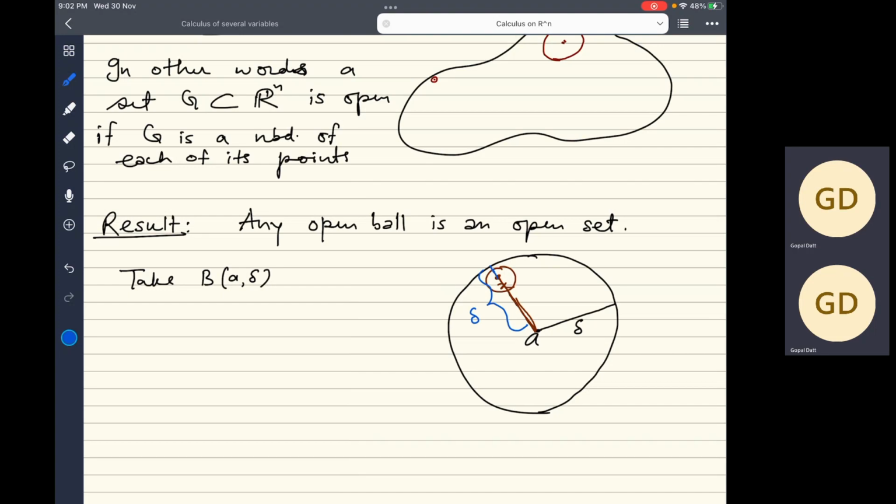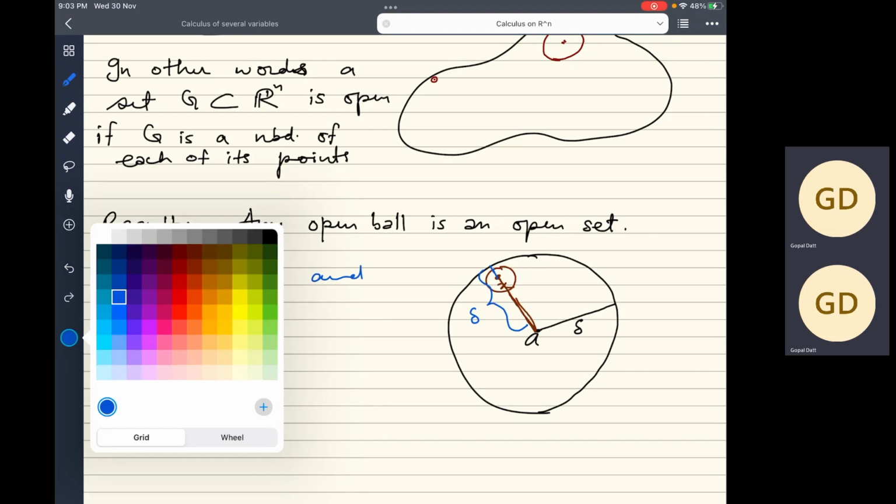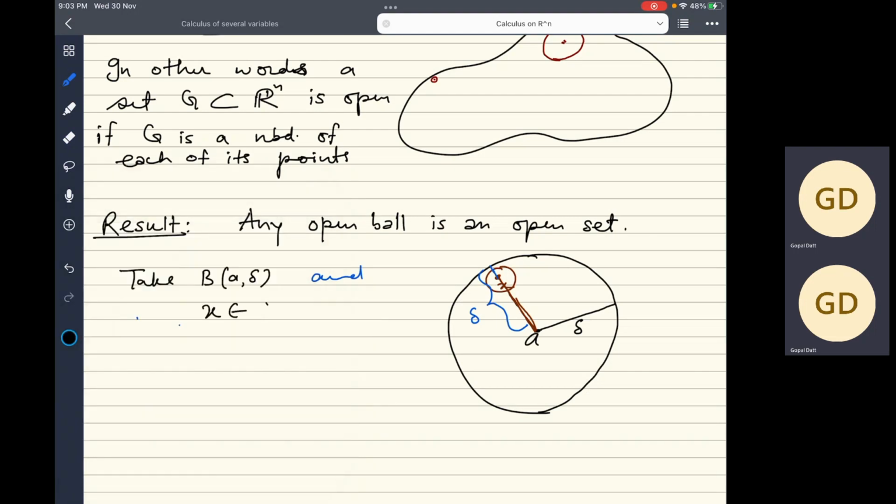Okay, now you choose. Let me write. Take this ball and X be any arbitrary point.